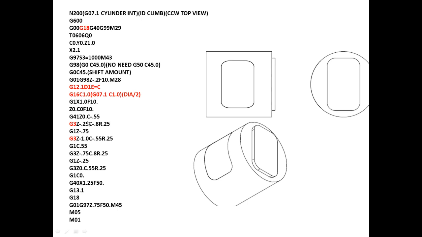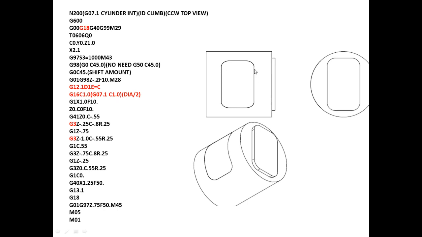And one thing I found out between Fanuc and Mitsubishi cylindrical interpolation, the corner radius: Mitsubishi is correct with the G3, the counterclockwise. Because my tool is moving along this way, if you're looking from the tool point of view, this is counterclockwise.